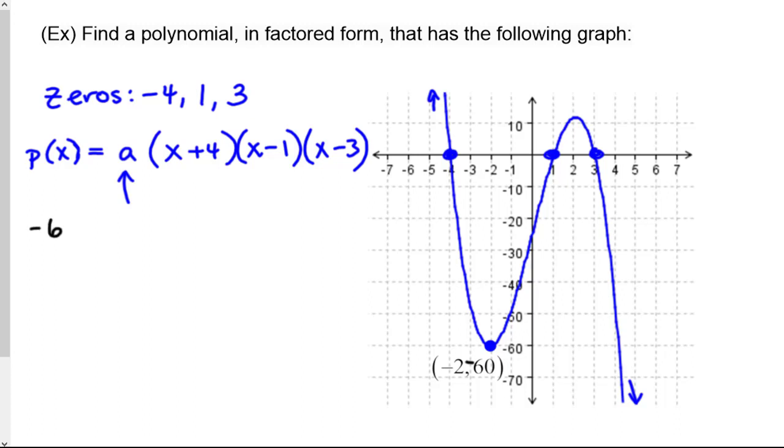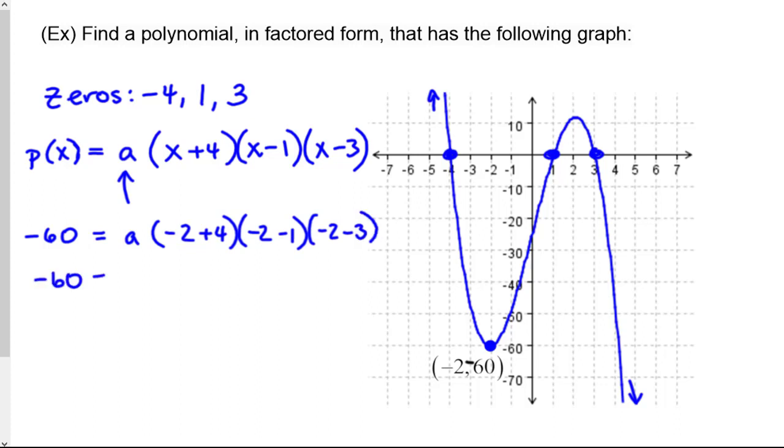So I can set -60 equals a times, and if I plug in -2 for x, it would be -2 plus 4 times -2 minus 1 times -2 minus 3. So -60 equals a times 2 times -3 times -5.